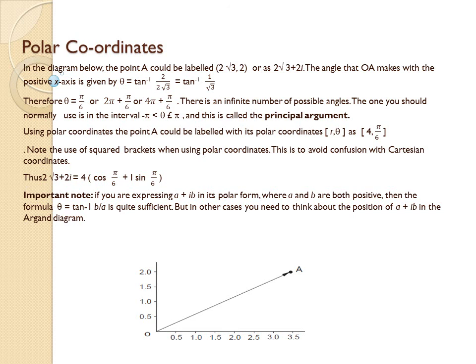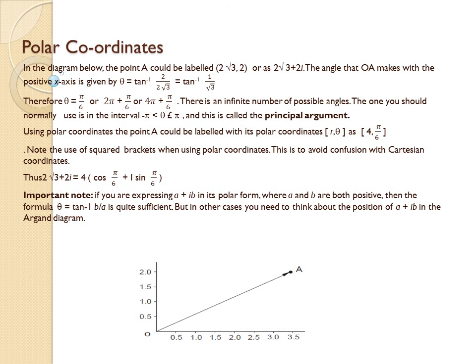Using polar coordinates, the point A could be labeled with its polar coordinates r and theta, as I have discussed earlier. Here r means 4 and theta means pi by 6. So 2 root 3 plus 2i I can put in polar form as r of cos theta plus i sin theta.